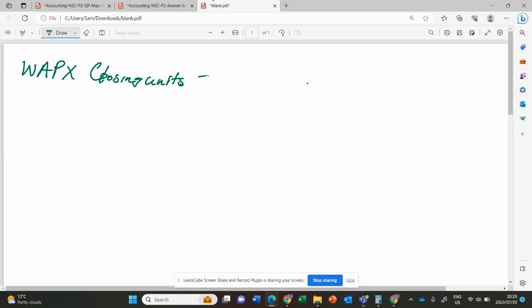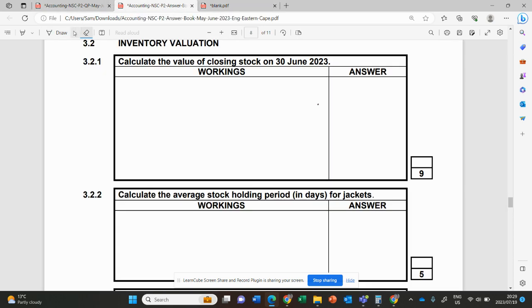That will be the closing value of the stock. This was the first question: calculate the value of the closing stock on 30 June 2023.